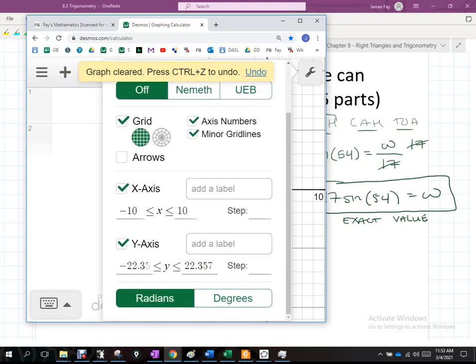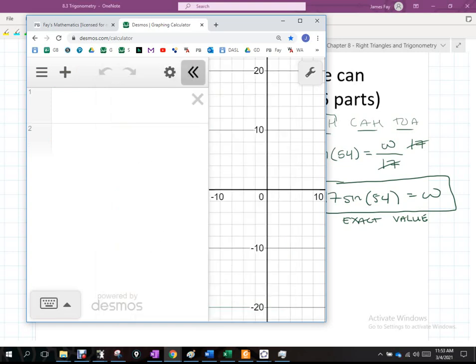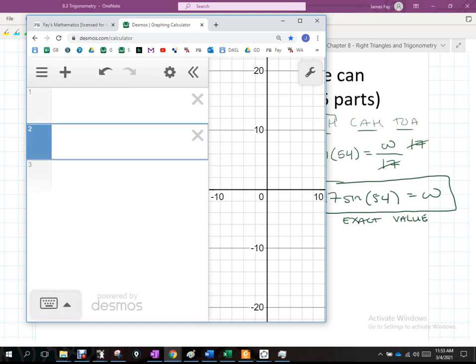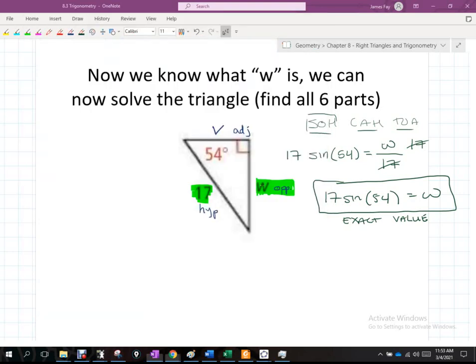Whenever you hit delete all, it resets, like hitting F5 on my keyboard, which refreshes the page and sets everything back to default. So be cautious of that if you're using these calculators. If you use the handheld, clear doesn't do that. But I need to make sure I'm in the right mode.